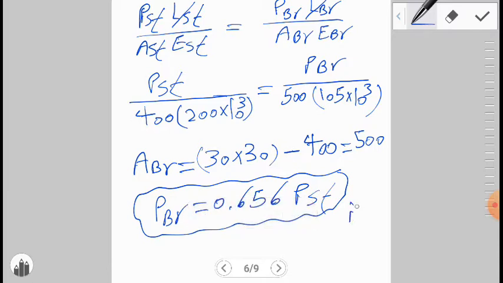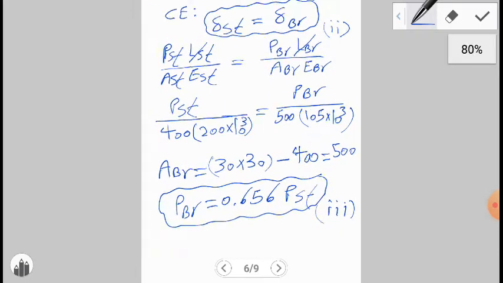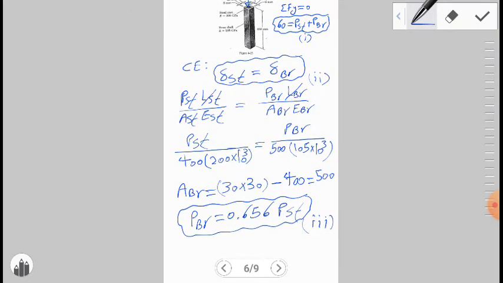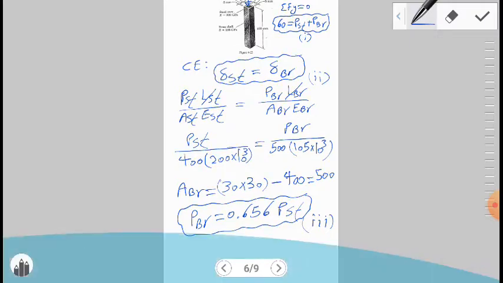We call this equation number 3. Again, you see that we have equation number 1 here, equation number 3 here: 2 equations, 2 unknowns.